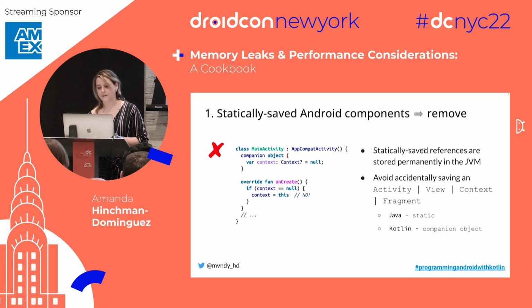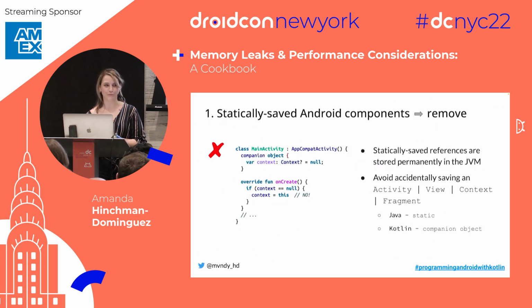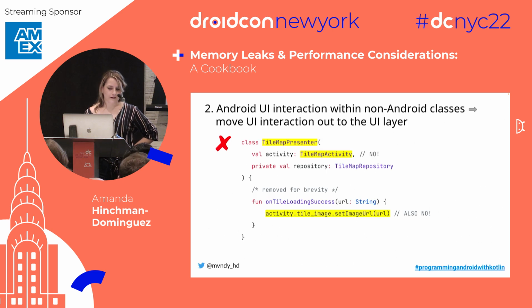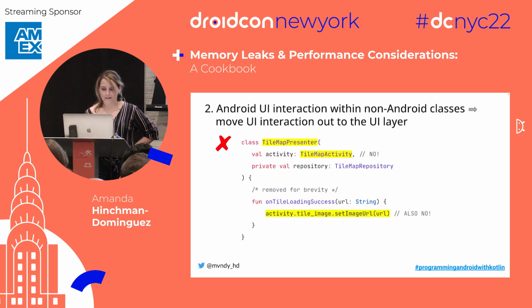Really big leaks. So remove those static references to UI components. Remove them. Okay, actually, let's go back just for a second. So we can see in here there's a context saved within a companion object, and of course the policy is just to remove.